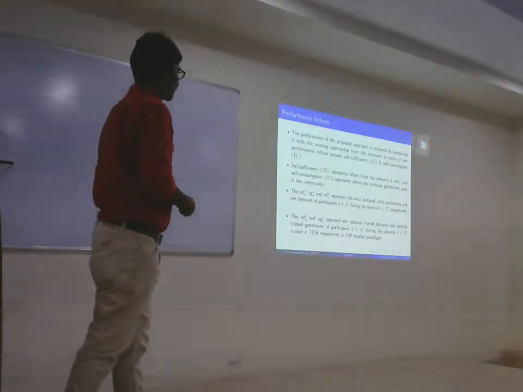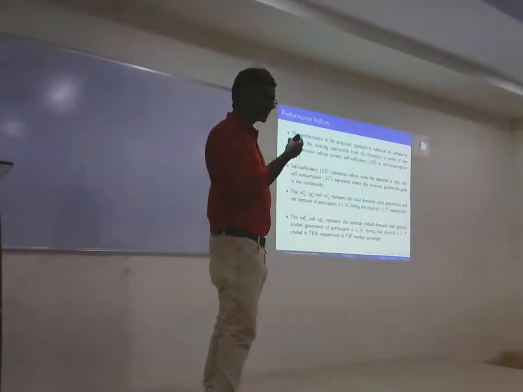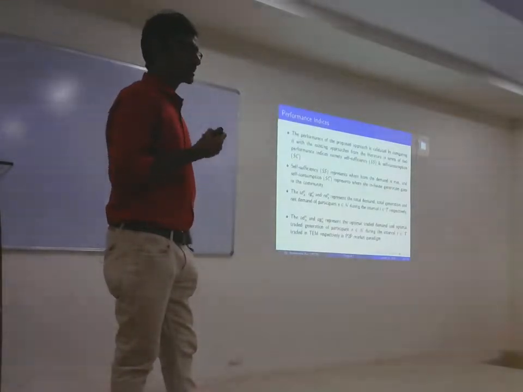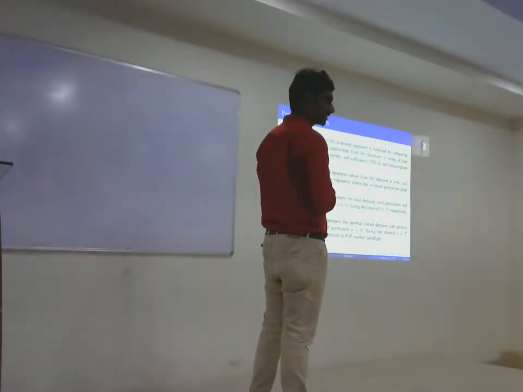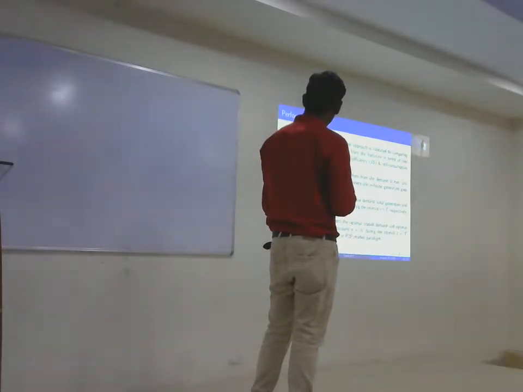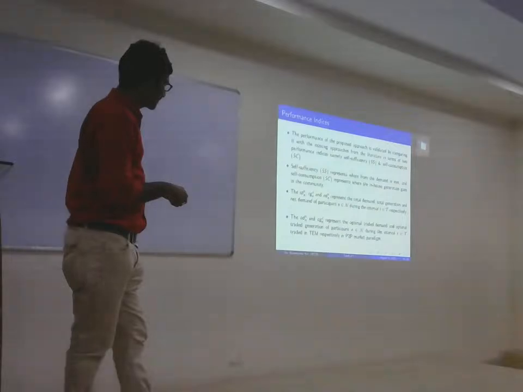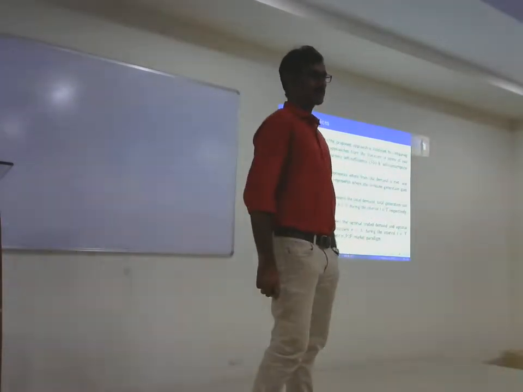In order to validate whether my results are correct, whether this one is outperforming with respect to the other pricing, we don't know. So in order to validate, I introduce these two indices: one is self-sufficiency and another is self-consumption. Self-sufficiency talks about how much of the demand is met in the community.